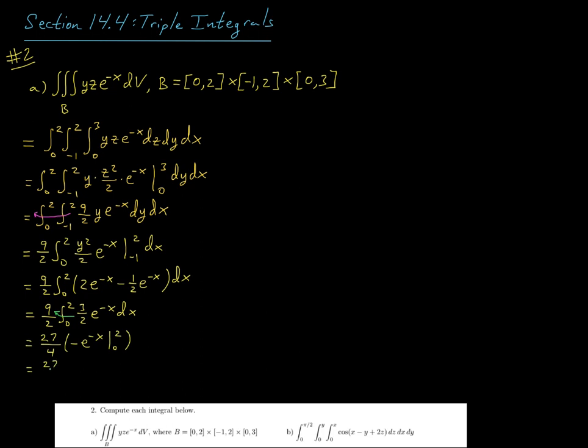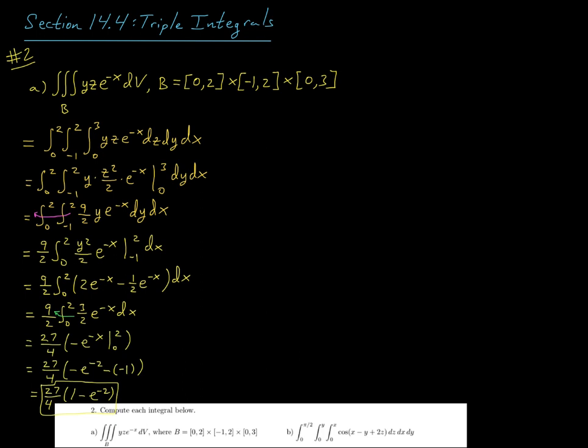So that's 27 fourths times the quantity minus e to the minus second power, and then plugging 0 in, we get a minus e to the 0, so a -1. So I'm subtracting a -1. Putting that all together in a slightly cleaner form, it's going to be 1 minus e to the minus second power. Okay, so there is our answer.